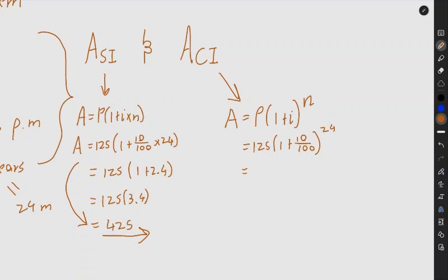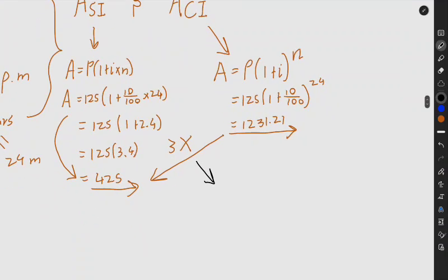If you did the maths, this would equal 1231.21, which is 3 times larger than the simple interest amount. And this actually illustrates a very important point about our real world. In our world, you would never get a compound interest rate that is as high or equal to a simple interest rate, because compound interest grows so much faster than simple interest.